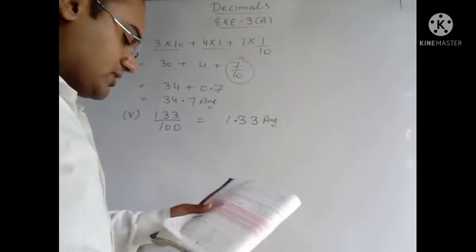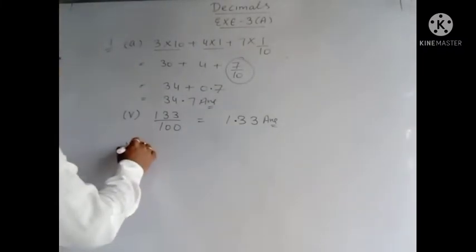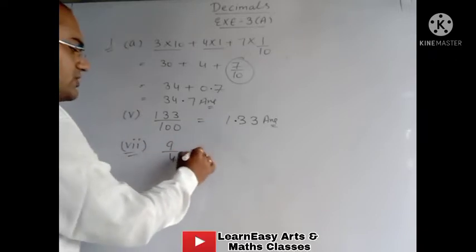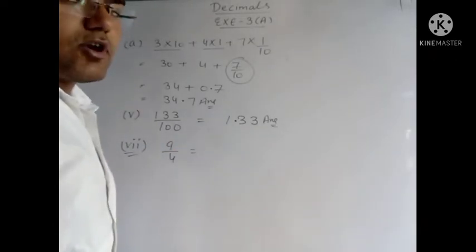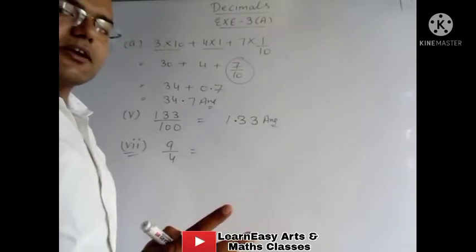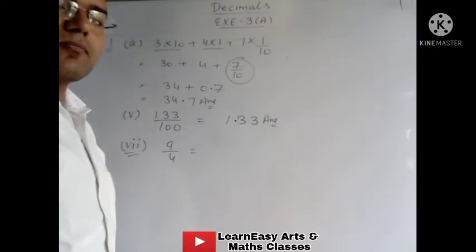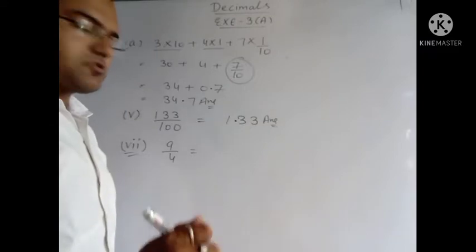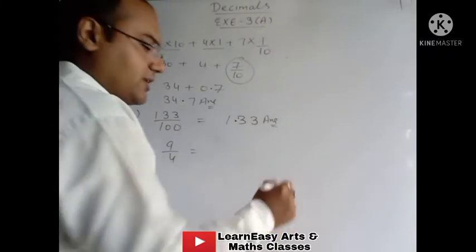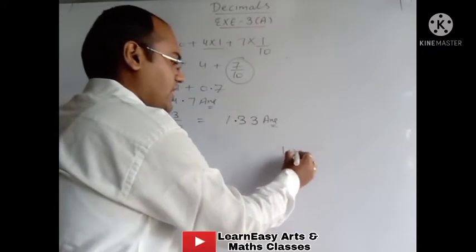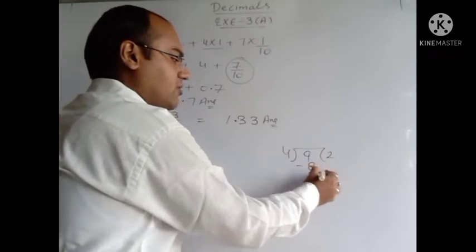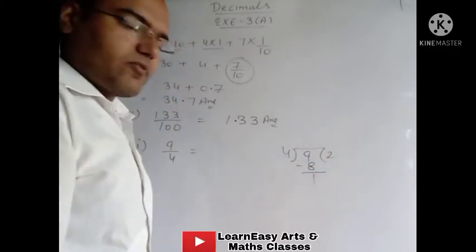Now part number 7. 9 upon 4 is given, and we have to convert it into decimal form. Here two methods are there to change into decimal form. First method: you directly divide 9 by 4. 4 2s are 8. On subtracting, the remainder will be 1.